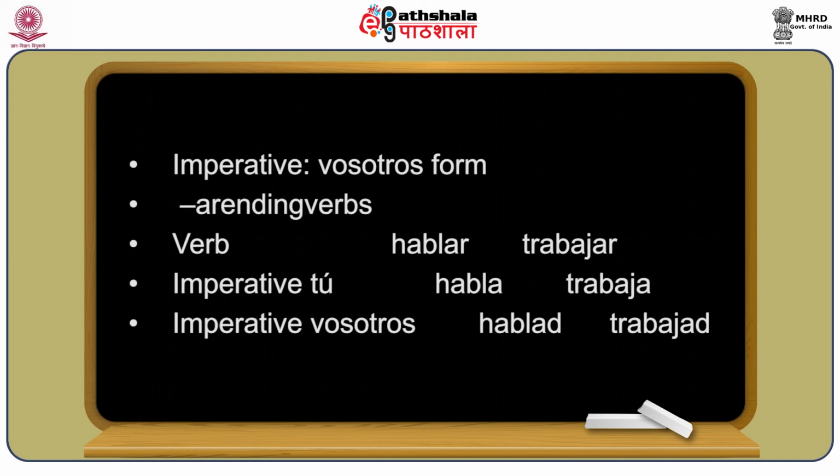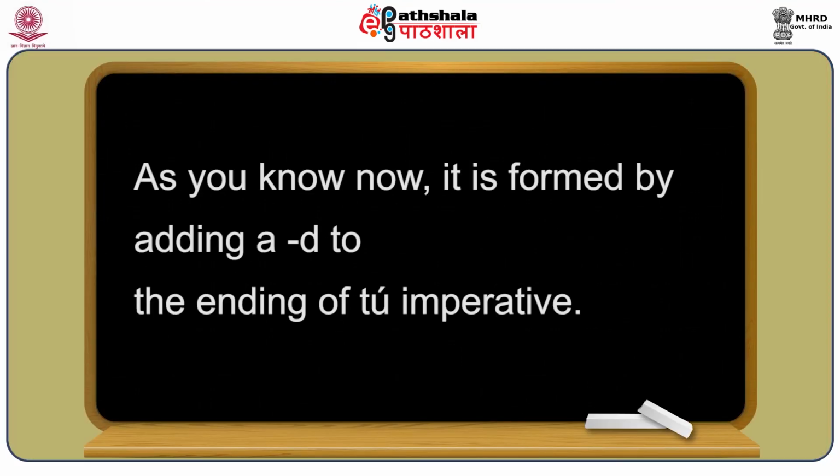Same way, trabajar becomes trabajad. So all the imperative in vosotros is formed, if the verb is an AR ending, we just remove the R and add D, so hablar becomes hablad, trabajar becomes trabajad. So it is formed simply by adding D to the verb.